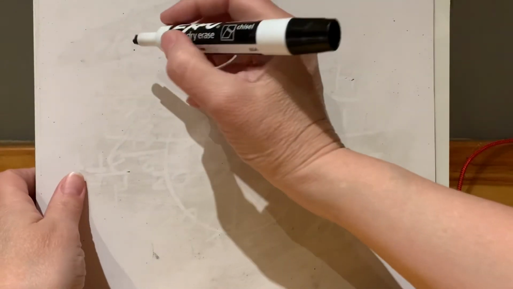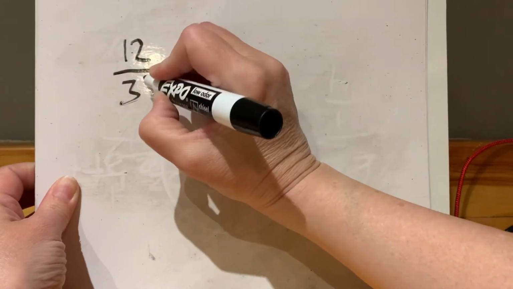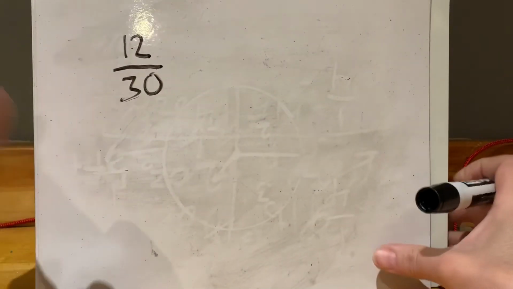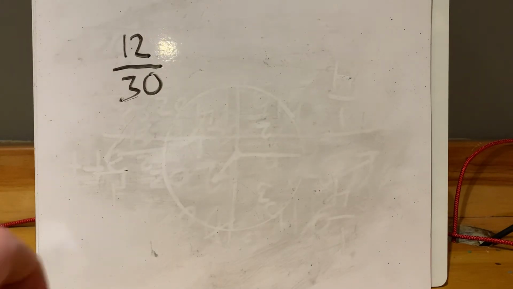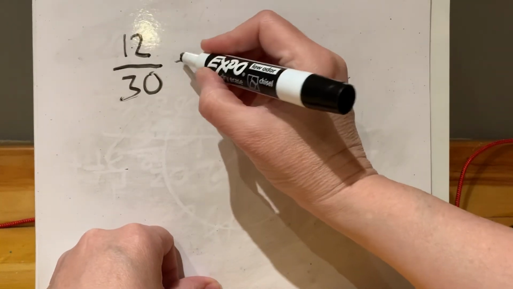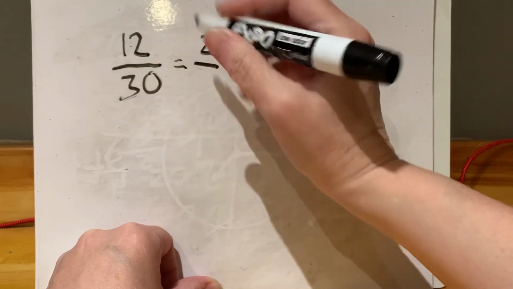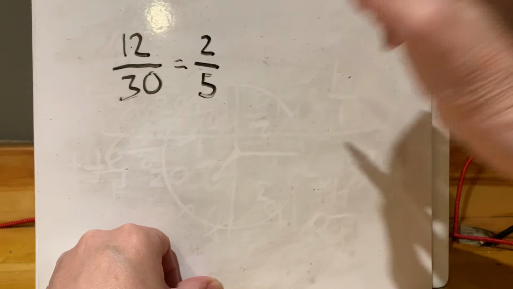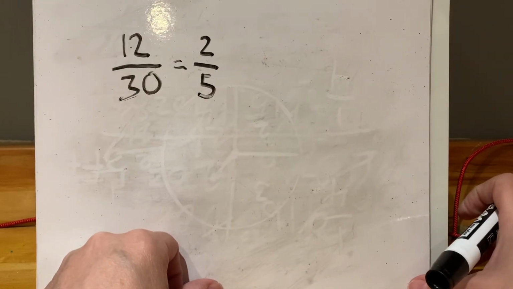So the fraction is 12 of the 30. Or this would reduce, if 6 goes into 12 twice, and 6 goes into 30 5 times. So 2/5 of the class are boys.